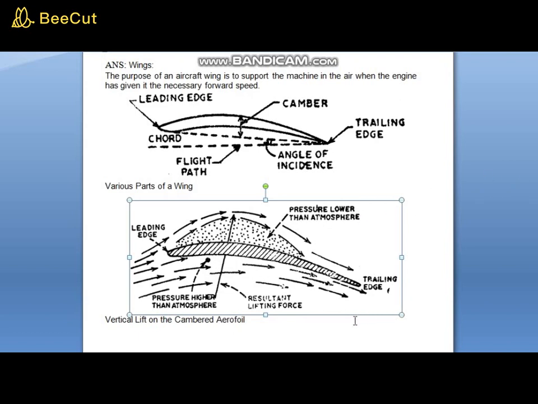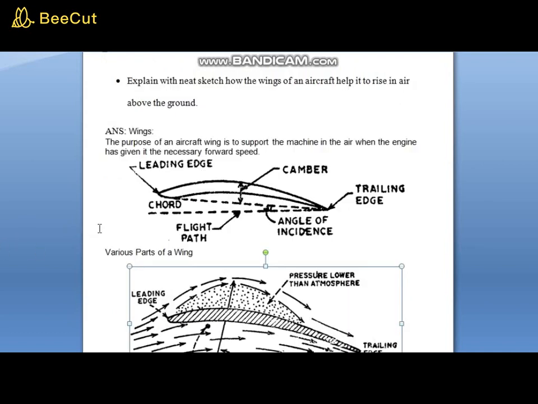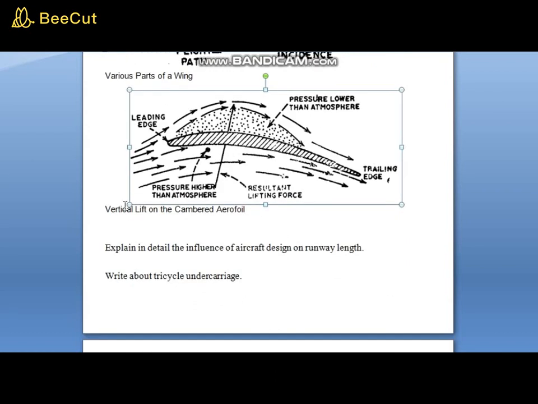Due to this aerofoiling, lower pressure will be generated at the top of the wing when compared to the higher pressure at the bottom of the wing. Due to this pressure difference, there is a lift under the wings. Next question.